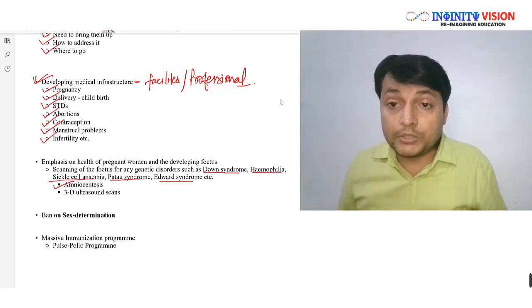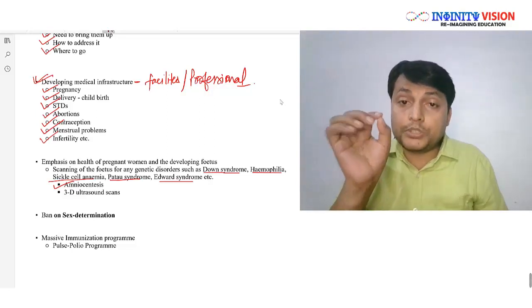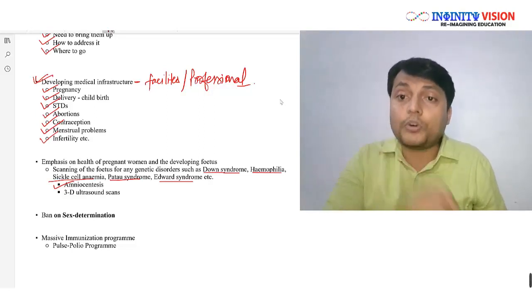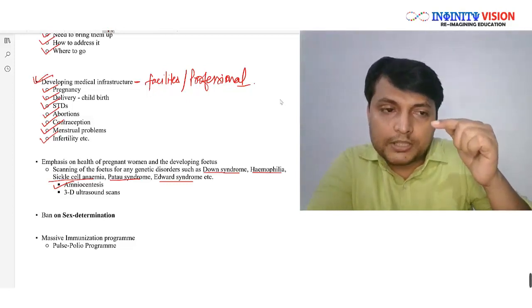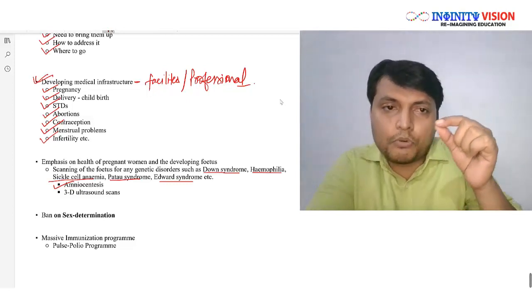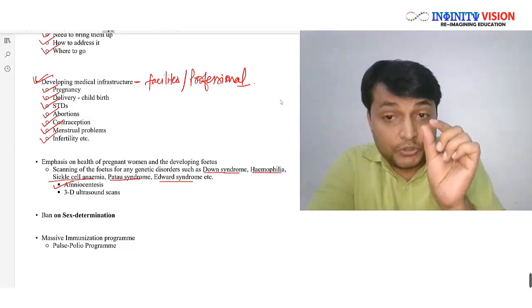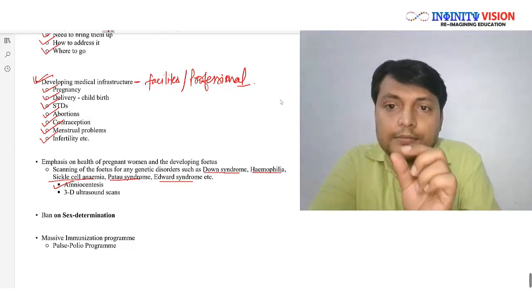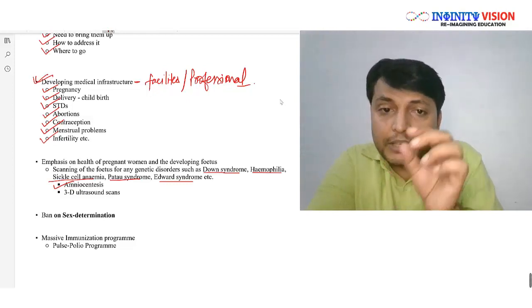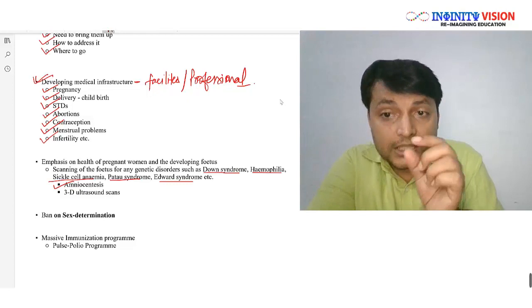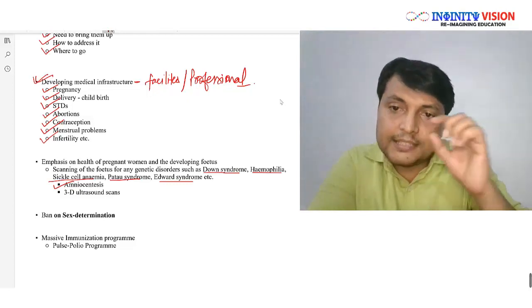And I told you there that this amniotic fluid contains some of the cells of the fetus. ठीक है, तो हम लोग क्या करते हैं, in the process of amniocentesis, we take a small volume of this amniotic fluid, and in that fluid we hunt for these fetal cells. When we get these fetal cells, we take out the nucleus and analyze the chromosomes.